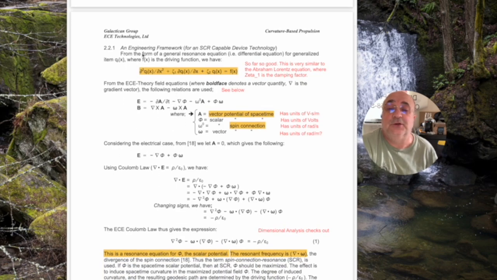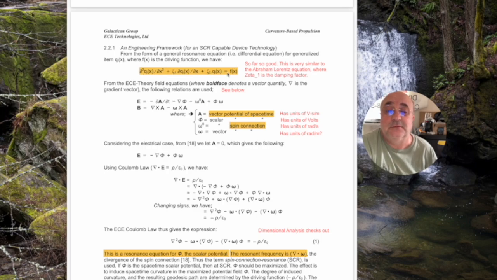So here he goes from the general resonance equation, a differential equation for a generalized item Q of x, Qi of x, one of I elements, where f of x is the driving function.